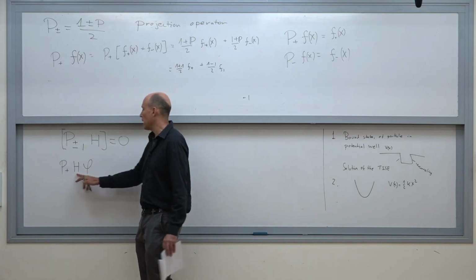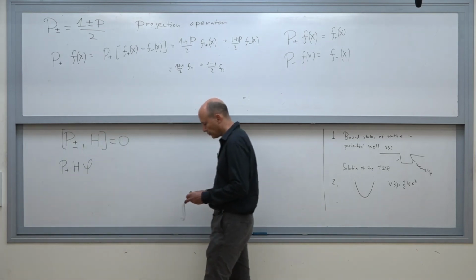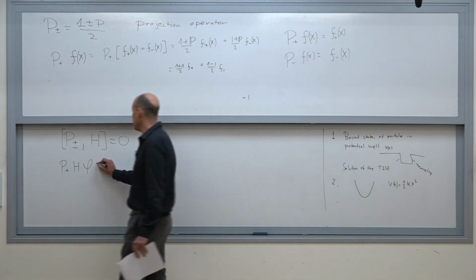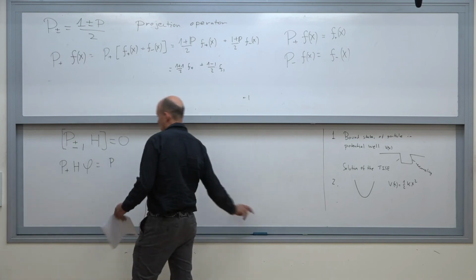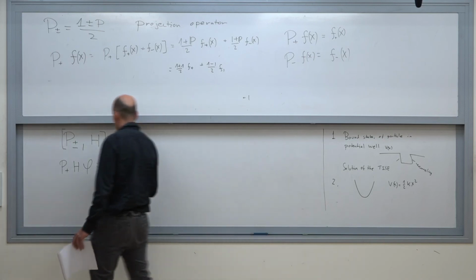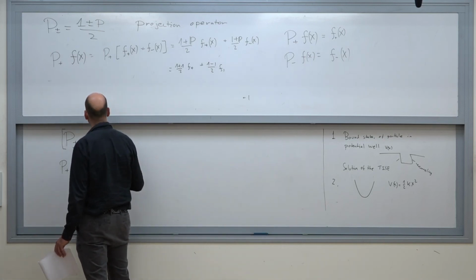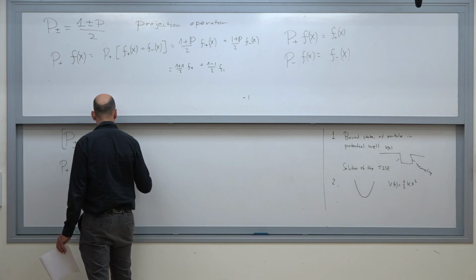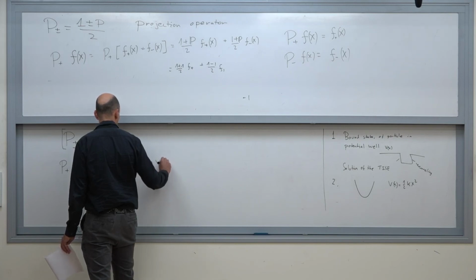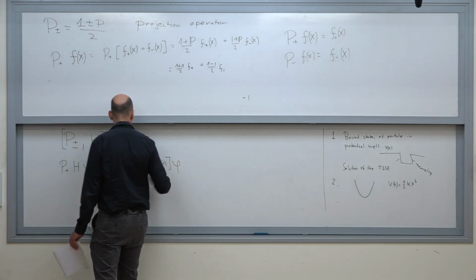So p plus h phi is equal to p plus, let's write specifically the Hamiltonian, minus h bar squared over 2m d squared over dx squared plus v of x, times some function phi.